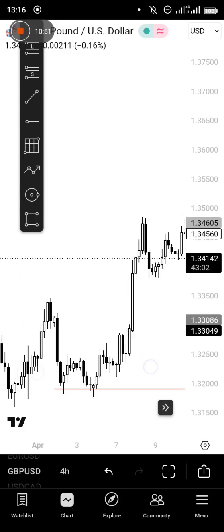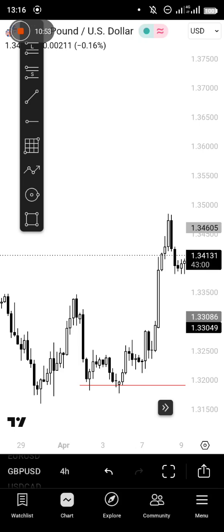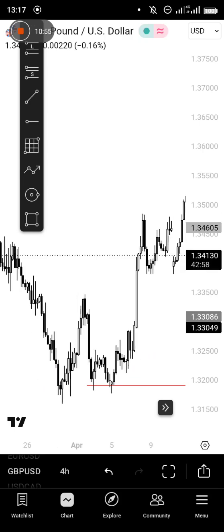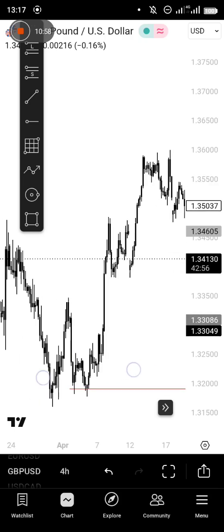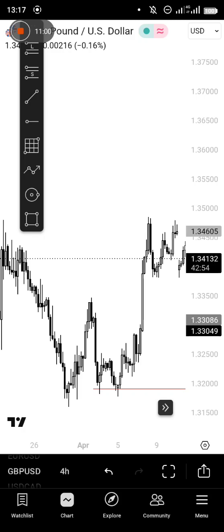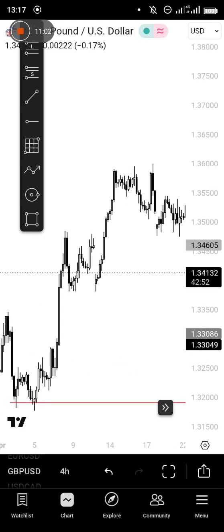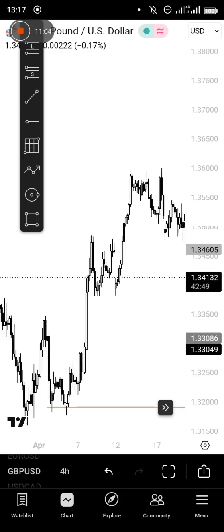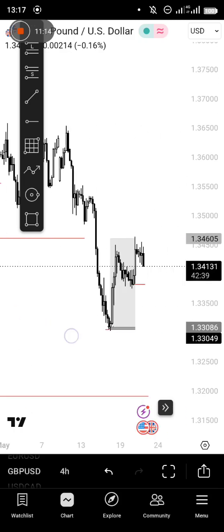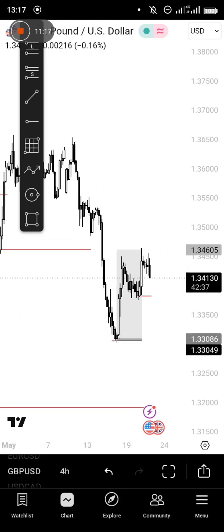It did not break structure, but QMs always hold markets very strongly. So aside from QMs, any place I am going to enter or exit must at least break structure. And this is one of the most important key things you should take out from this video.